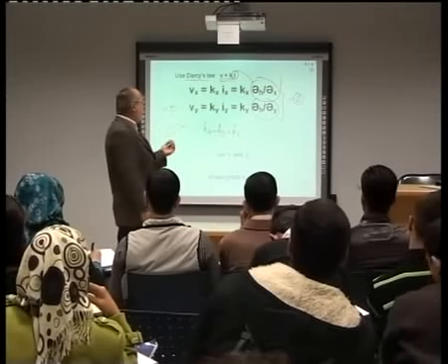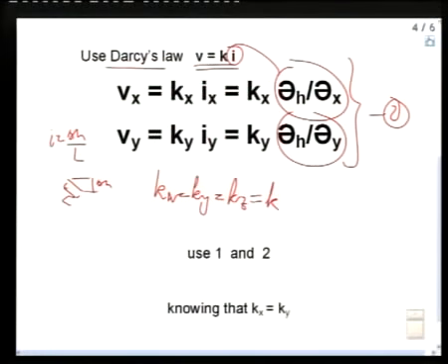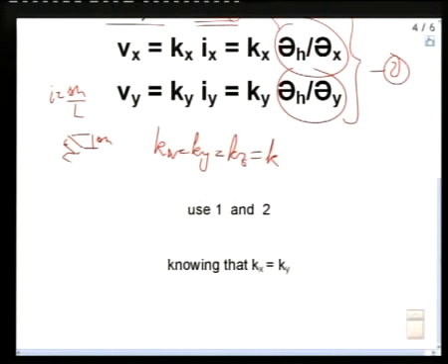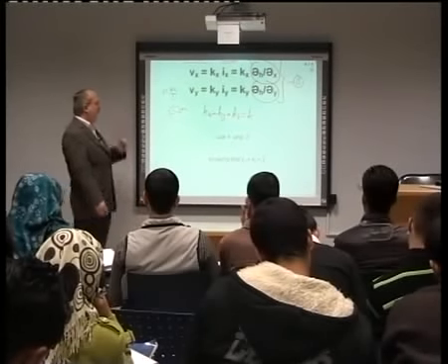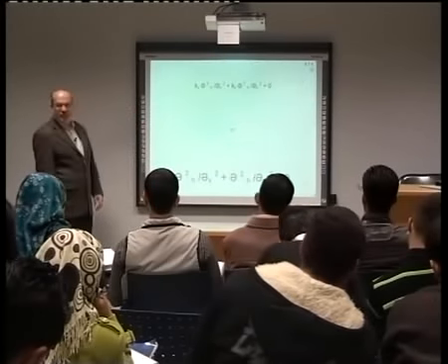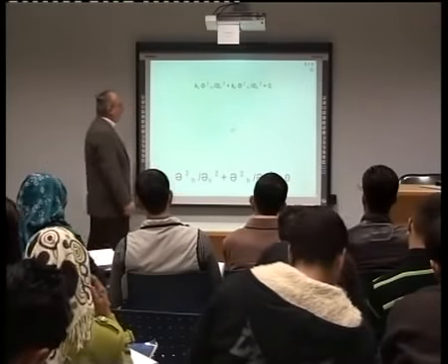So Kx, Ky, Kz are equal, and let me call them just K. So use 1 and 2, knowing that Kx equals Ky equals K. I will use just K because they are the same. And if I substitute all together, I will end up with this equation.